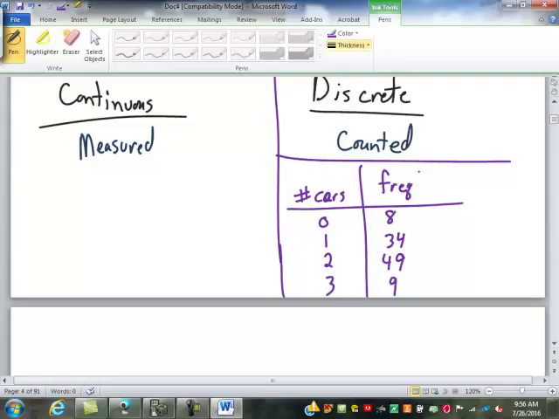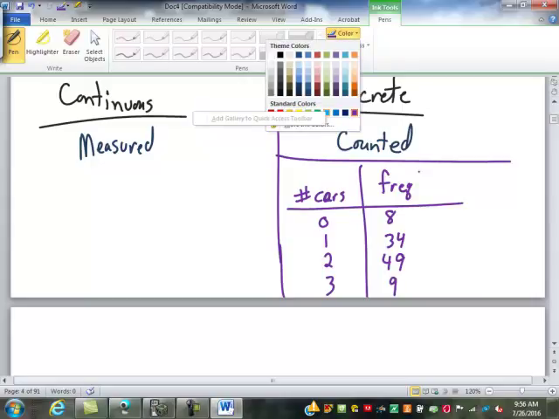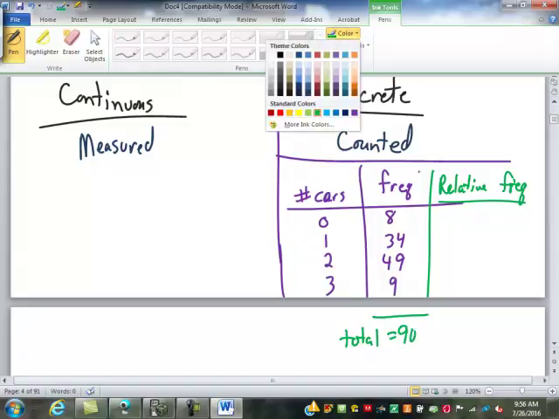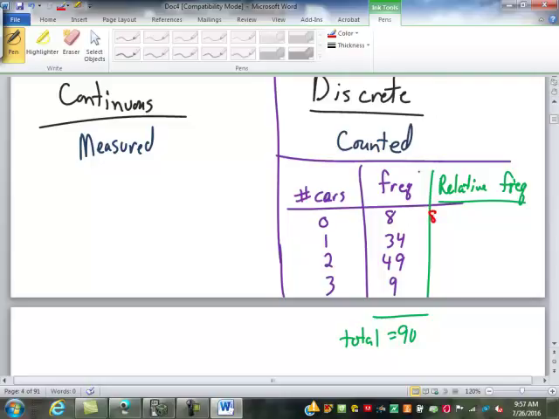Now you could do a percent frequency or a relative frequency with these as well. It would require us to add these up to get a total. If I add them up, what do I have? 8, 42, 81, 90, it looks like. So then my relative frequency here would be 8 divided by 90, which is going to be 0.0889. But is that right?